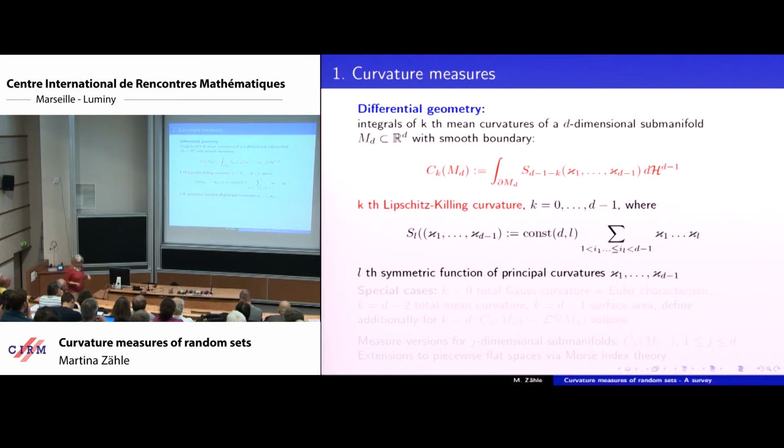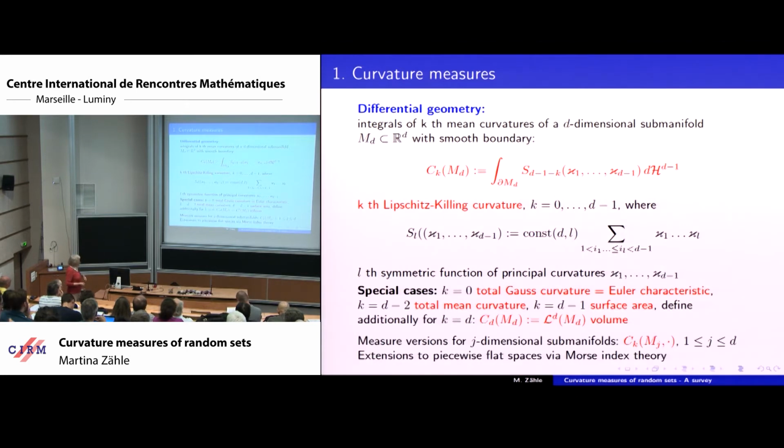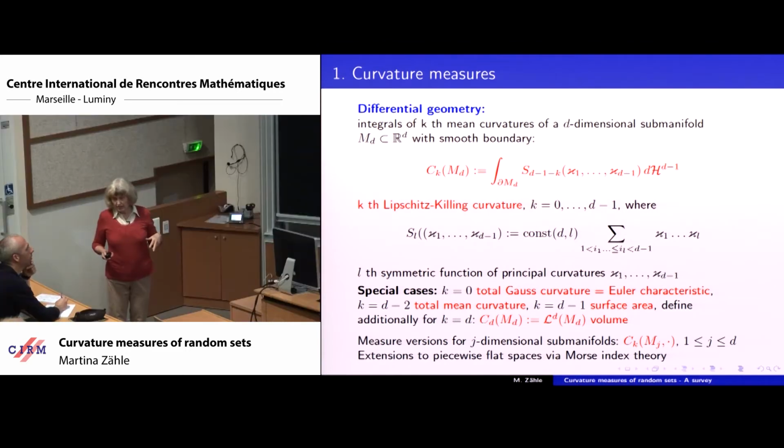For completeness, one includes special cases: if k is equal to d-1, then it is simply the surface area, since the symmetric function is equal to 1. As we heard yesterday, in the convex case for order 0, this is the total Gauss curvature, the product of all principal curvatures, and this is equal in the topological context to the Euler number.